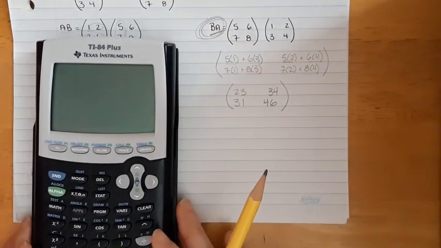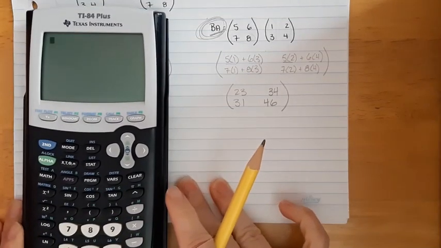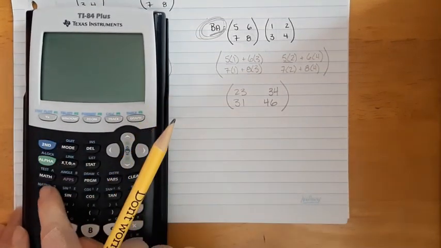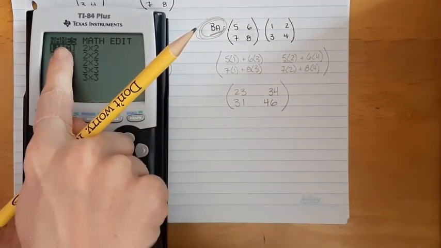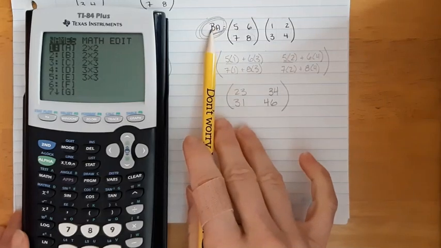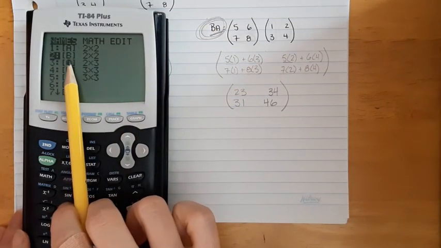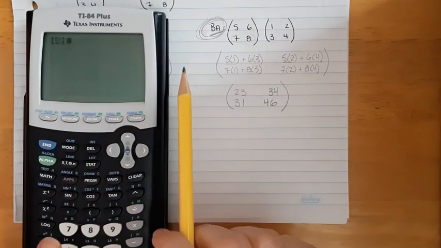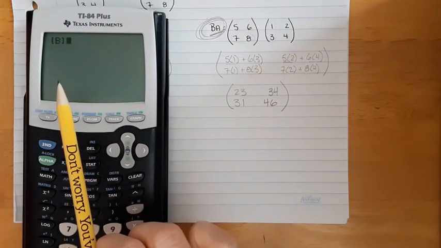The way that you do that is you need to call back the names of the matrix. In order to do that, you get back into your matrix menu. And now I want the name of the matrix. So I want B times A. I'm going to arrow down so that I'm on matrix B and hit enter. And it pulls matrix B back to my main calculating menu.